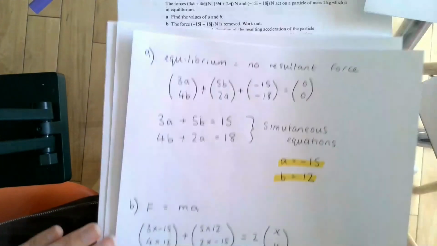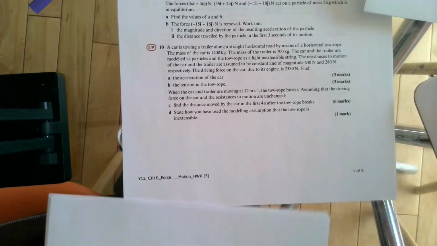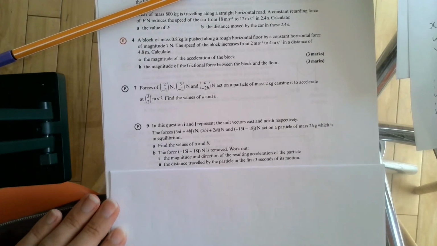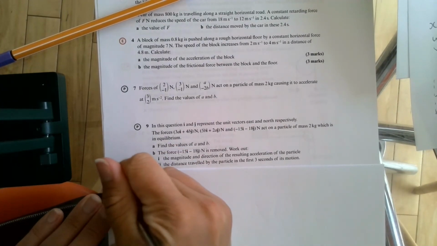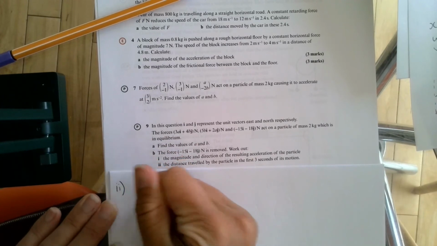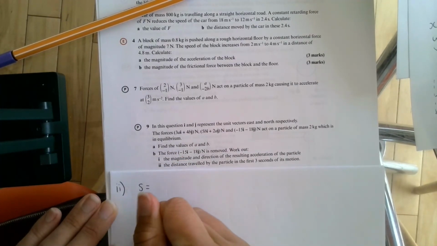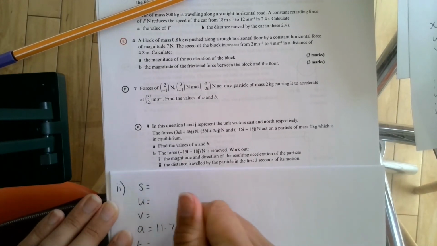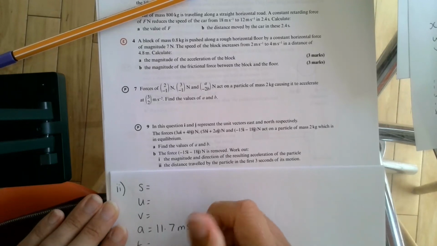Now the next part of the question wants to work out the distance travelled by the particle in the first 3 seconds. Well, to do that, we're just going to use that. So let's just fill in what we know. The acceleration we just worked out is 11.7 meters per second to the minus 2.